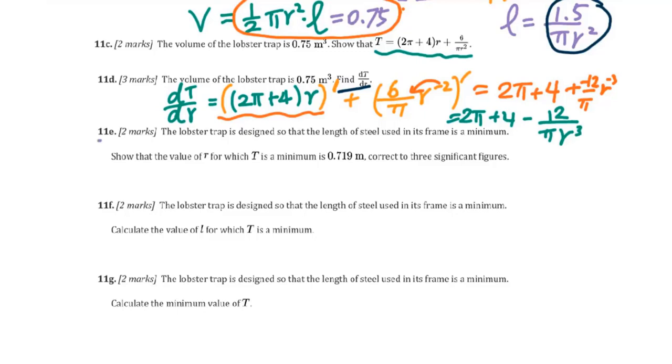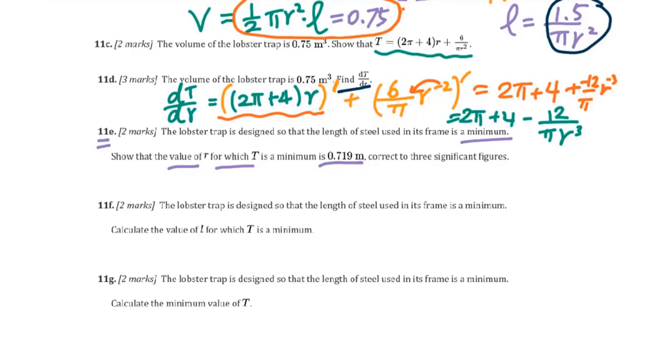Now go to 11E. The lobster trap is designed so that the length of steel used in its frame is a minimum. Show that the value of r for which T is a minimum is 0.719 meters, correct to 3 significant figures.